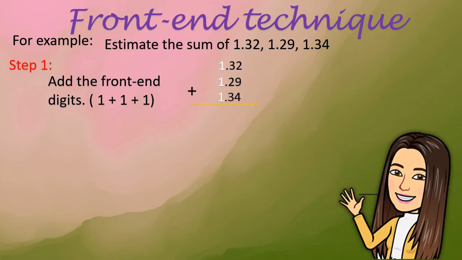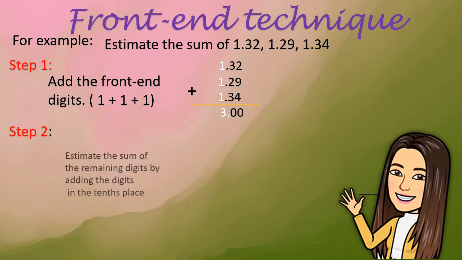We have 1 in 1 and 32 hundredths, 1 in 1 and 29 hundredths, and another 1 in 1 and 34 hundredths. Then add 1 plus 1 plus 1, that is 3, and the rest of the digits will be 0.